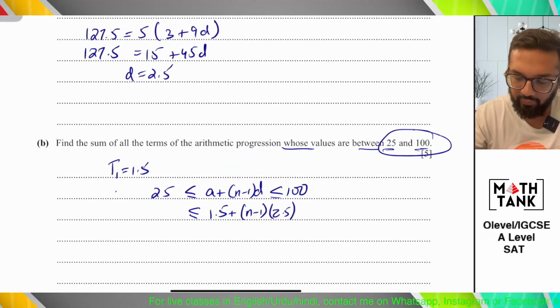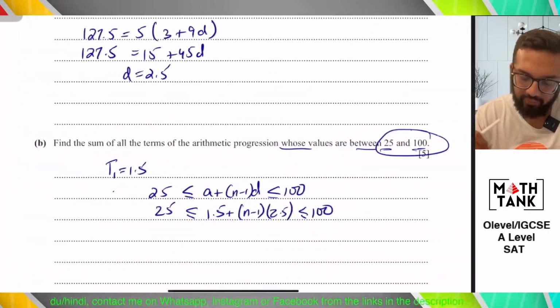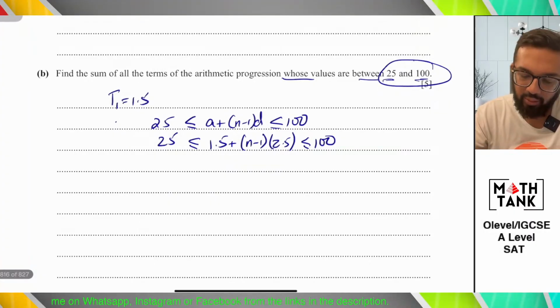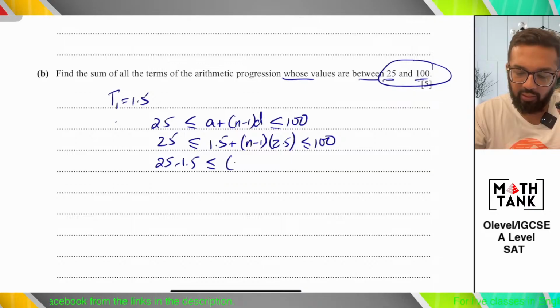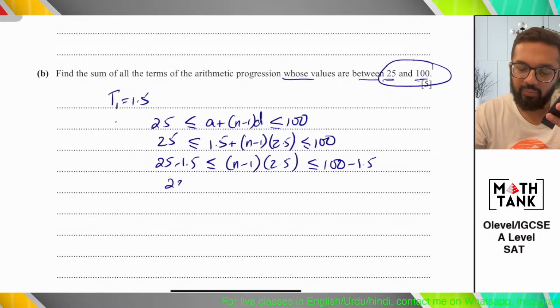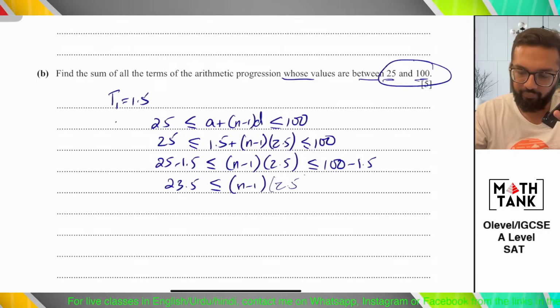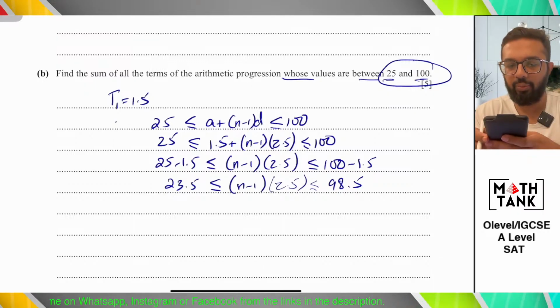Let me just first verify if these numbers are correct in terms of the previous answer. Right? Okay, so 25 minus 1.5 and n minus 1 times 2.5 is greater than or equal to that. That gives me 23.5, and that gives me 98.5. Both then have to be divided by 2.5.